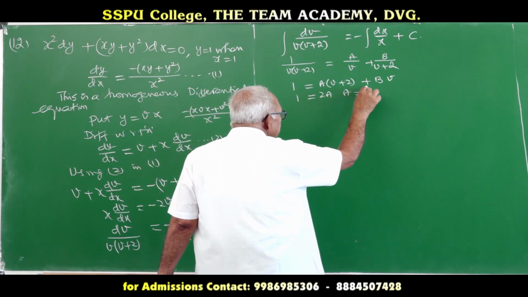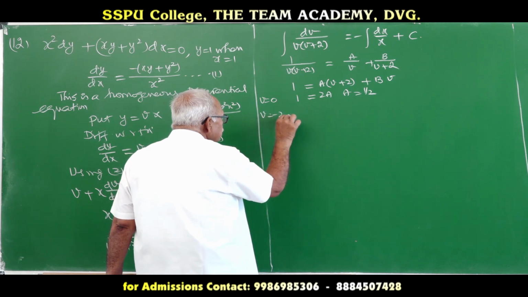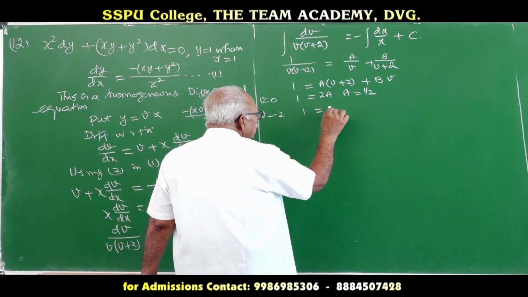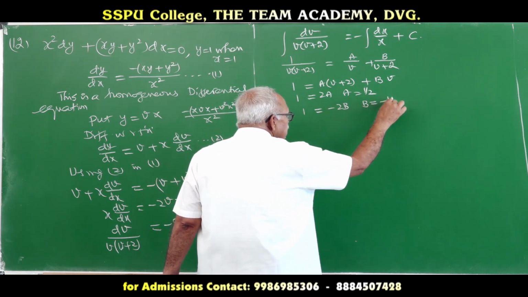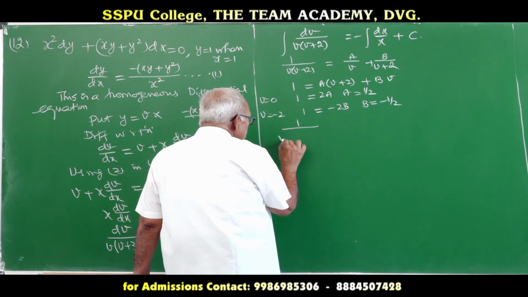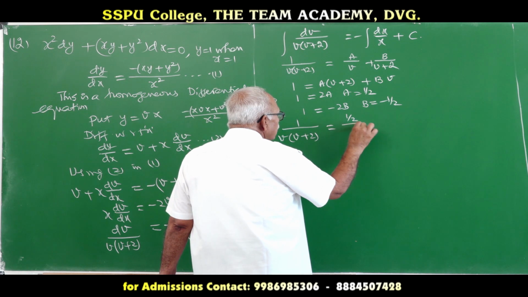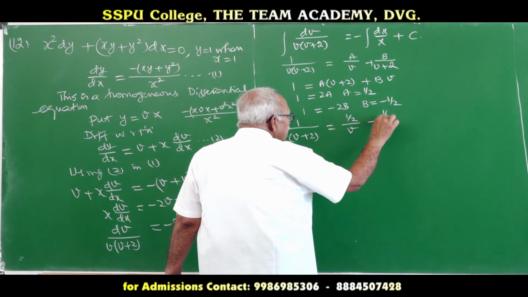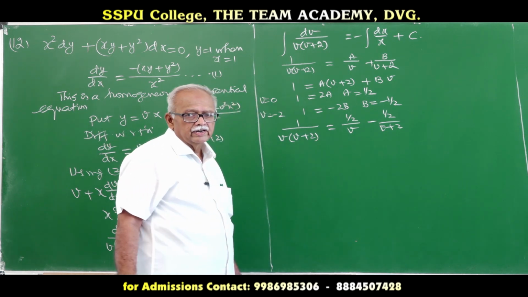So, a is equal to 1 by 2. Then if you put v is equal to minus 2, 1 is equal to minus 2b. So, b is minus 1 by 2. So, partial fraction is over. 1 by v into v plus 2 is equal to 1 by 2 by v minus 1 by 2 by v plus 2. Now, integration is simple.